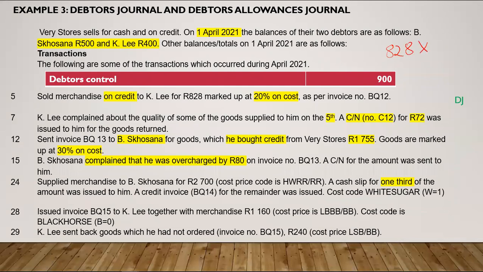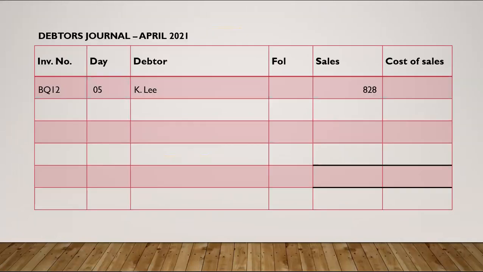I'll just say CP, which stands for the cost price, is equal to 828 times 100 divided by 120. If you're wondering what's going on there, please watch the previous videos where I explained how to calculate the cost price. And when you do that calculation, it will give you 690.